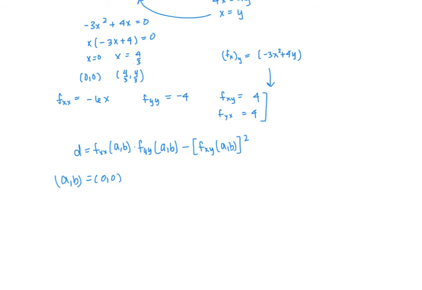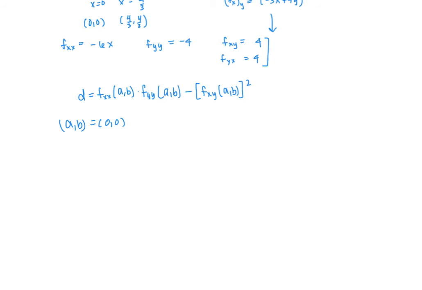So I'm going to have negative 6 times 0 times negative 4 minus 4 squared. And I end up with negative 16, which is less than 0. So D is less than 0, which means that there's a saddle point at 0, 0.